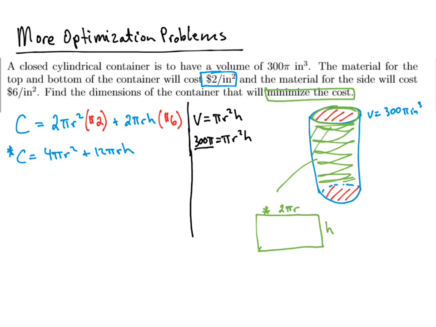So we want to solve this for h, and then we're going to substitute whatever we get for h into this cost equation. So I'm going to divide both sides by pi r squared. So we get h is equal to, the pi's can cancel here, so 300 divided by r squared. So that's the substitution I'm going to make right here.